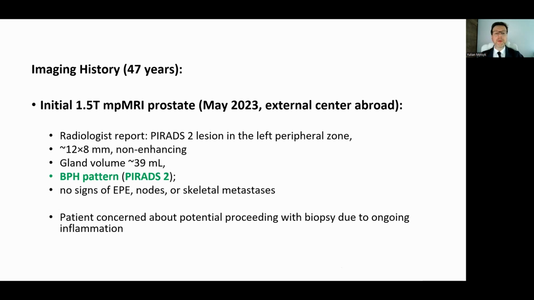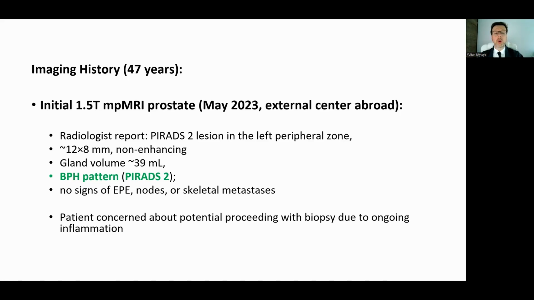A year ago, before the consultation, the patient underwent an MRI of the prostate due to the increased PSA level and the previously mentioned complaints. According to the radiologist's report, a PI-RADS 2 lesion in the left peripheral zone was observed. The lesion was non-enhancing.